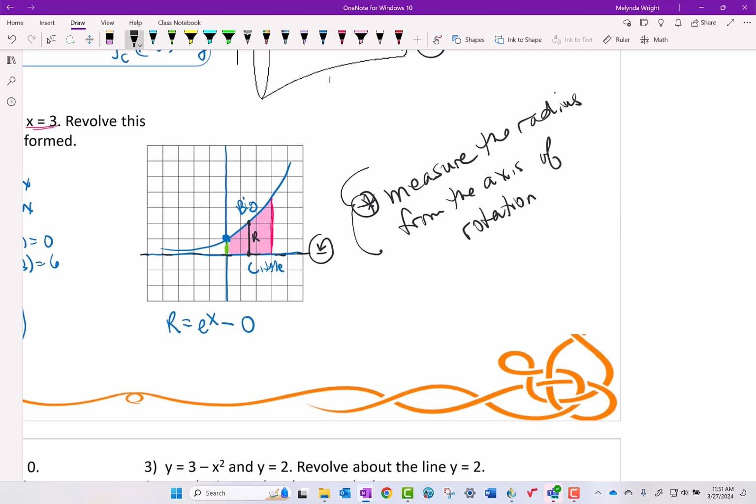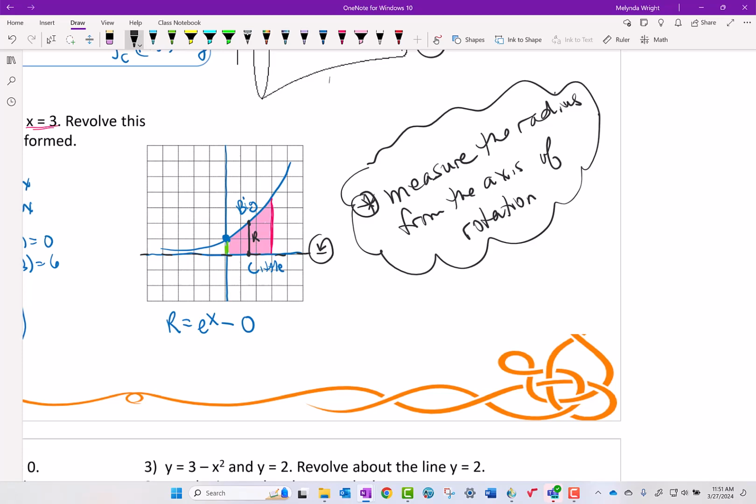Right now, it's no big thing because it's just right there, but this is going to be a consideration for us in future problems. The radius is always measured from the axis of rotation. Wherever the axis of rotation is, that's where it's measured from. Okay?